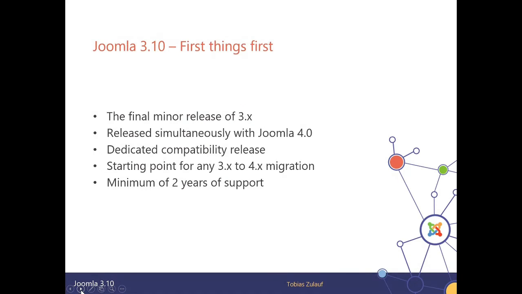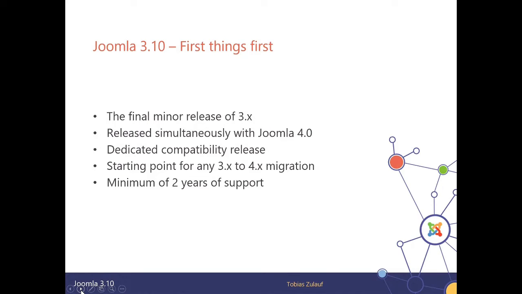Now, what is 3.10, and what is this about? It will be the final release of the 3.x series, and will be released together with 4.0. So at the time 4.0 goes out, there will also be a 3.10.